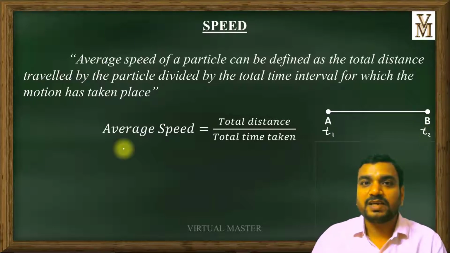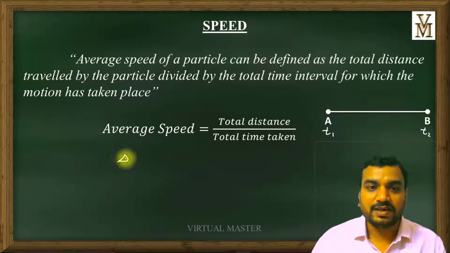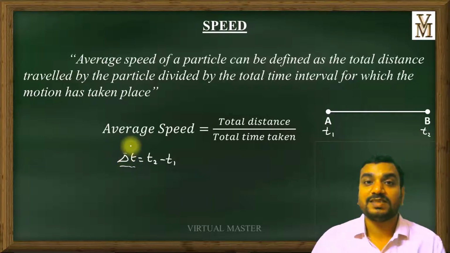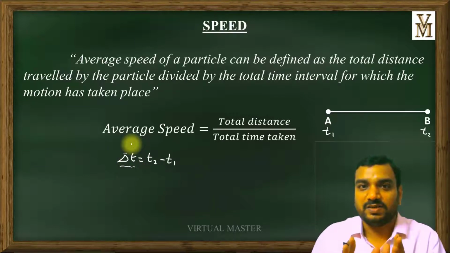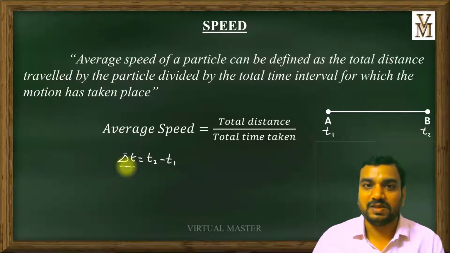So the total time taken by the object to reach point B from point A can be written as delta t equals t2 minus t1. Here delta t means change in the time interval, and the symbol delta means change in any quantity.